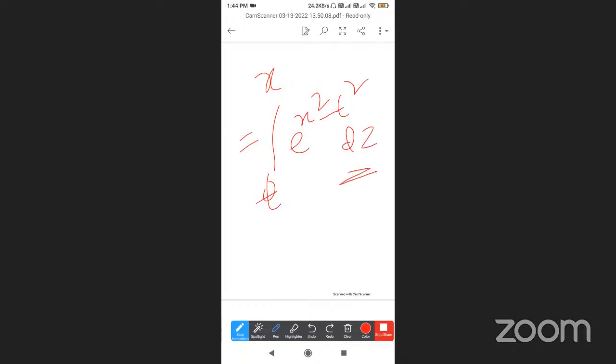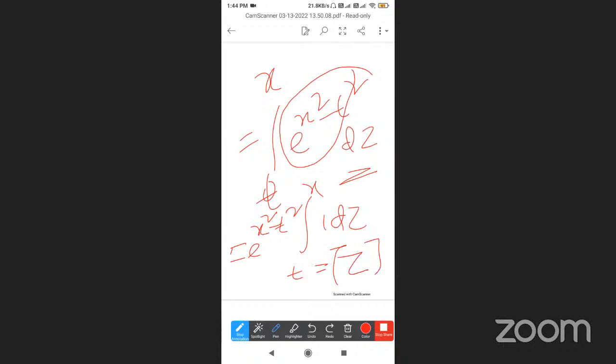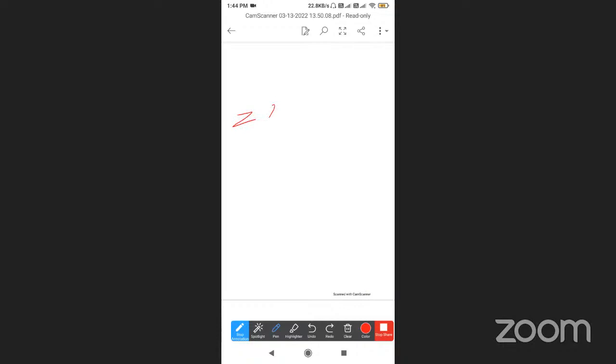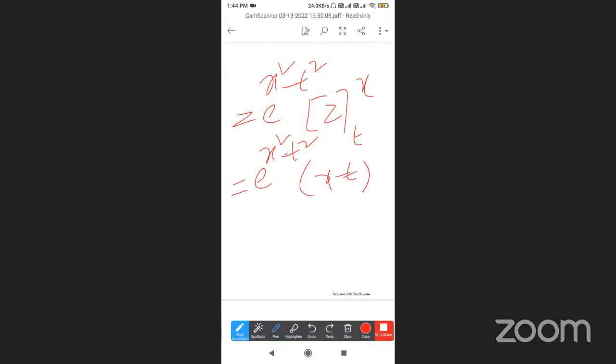The e power of x square minus t square is constant, so we take it outside: integral from t to x of 1 into dz, which is z with limits t to x. So e power of x square minus t square into upper limit minus lower limit, which is x minus t.